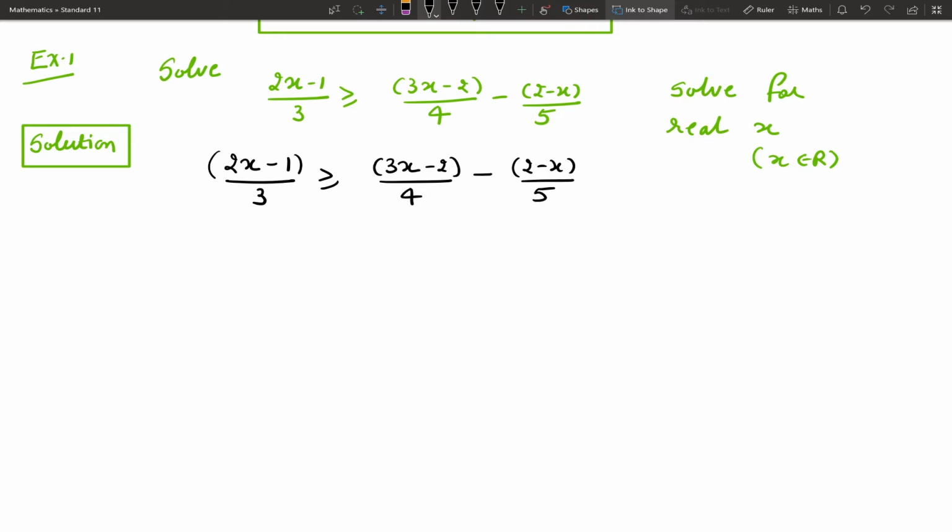First you observe that the LCM of 3, 4 and 5, we know it is 60. So multiply both sides of the inequality by 60.